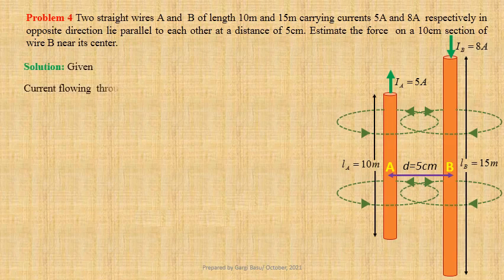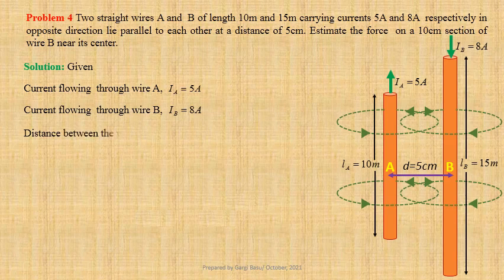Current flowing through wire A, Ia equals 5 ampere. Current flowing through wire B, Ib equals 8 ampere. Distance between the wires D equals 5 centimeters, that is equal to 0.05 meter. Length of the wire section L equals 10 centimeters, that is equal to 0.1 meter.